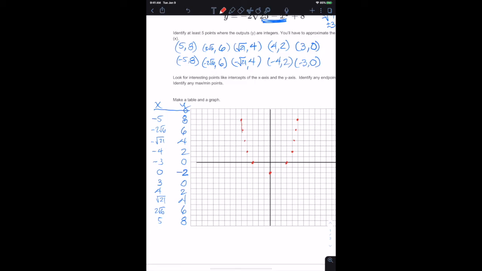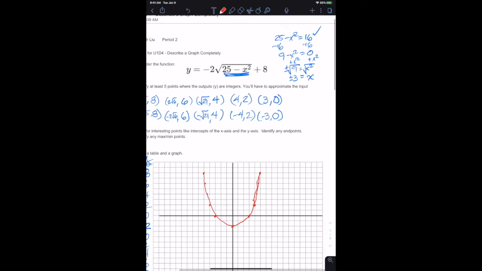Okay, and I think this thing is starting to take some shape here. It looks like a parabola, and we want to describe some things about this parabola. If we can draw it straight. Here, I'll do that a little bit better. There we go. And okay, so this kind of intrigues me a little bit because now I'm going, well, gosh, is it going to go farther than that?